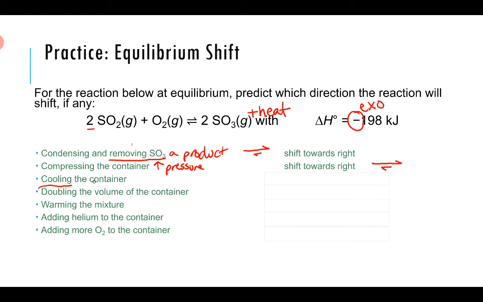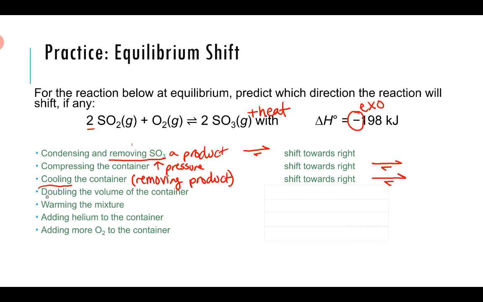So if I'm cooling the container, that's like removing a product. That's going to shift my reaction towards the right, because my backwards reaction is going to slow down considerably.